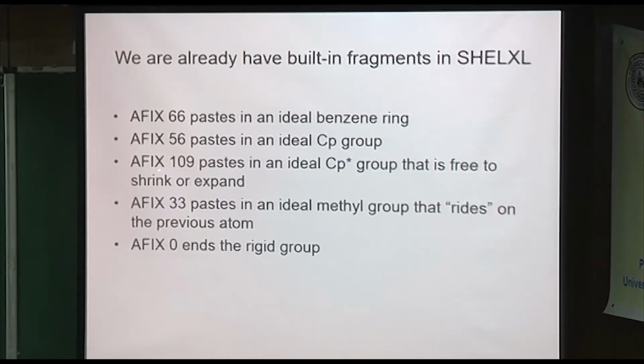And this is a more advanced way to refine a cyclopentadiene group. It allows it to shrink or expand. And AFIX 33 pastes in an ideal methyl group that rides on the previous atom. We talked about that before. But in all cases, AFIX 0 ends the rigid group.